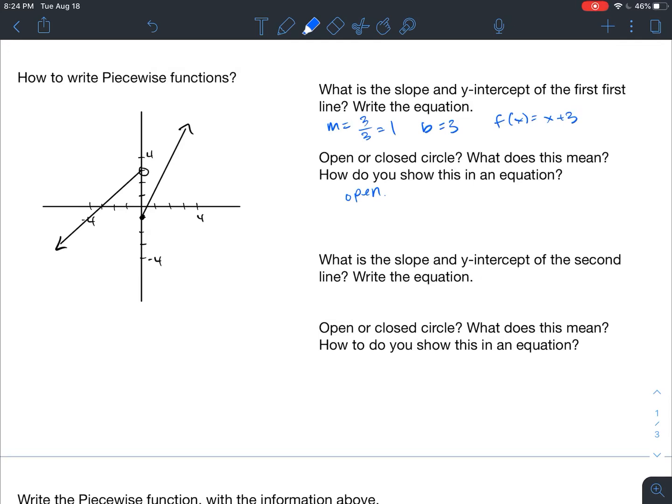So this means that the value 3 on the y-axis is not included.